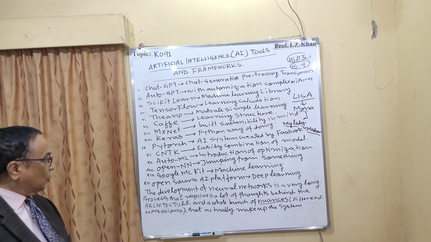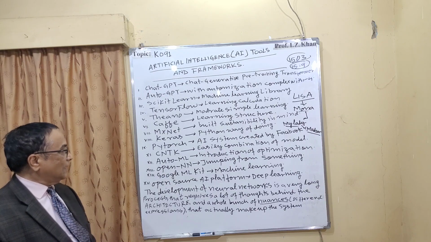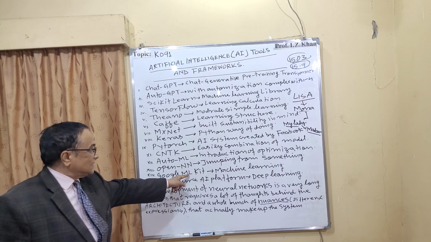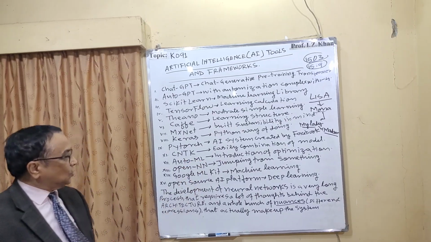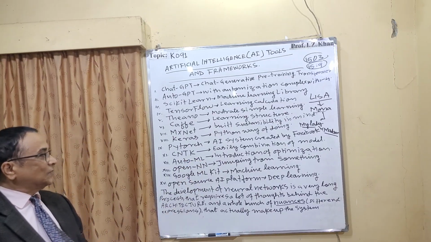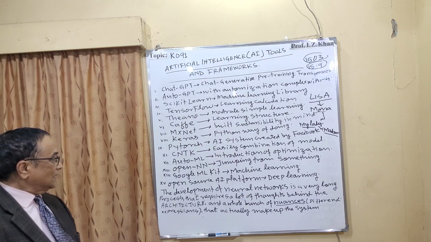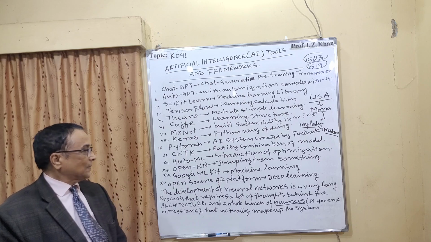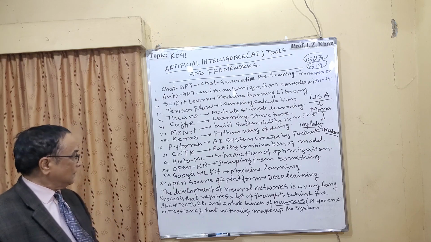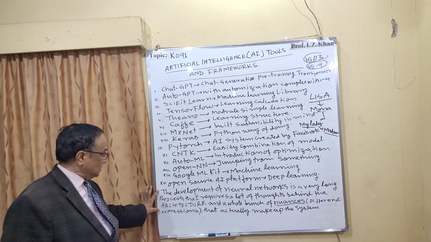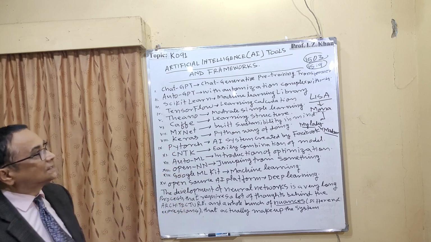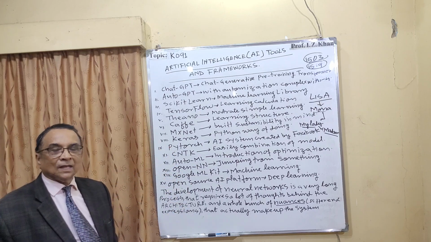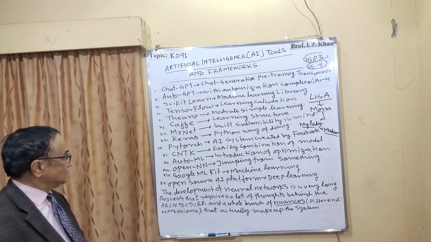Then number 14, Google ML Kit. ML means machine learning, so Google ML Kit stands for machine learning. Then number 15, open source AI platform. It means deep learning. Here I have given the note about all these different tools of artificial intelligence.